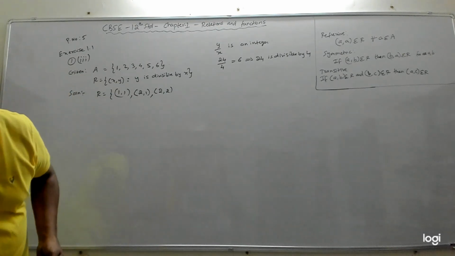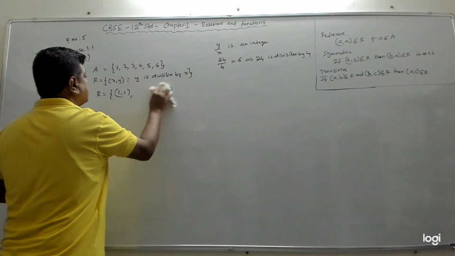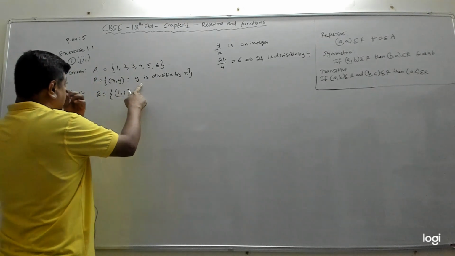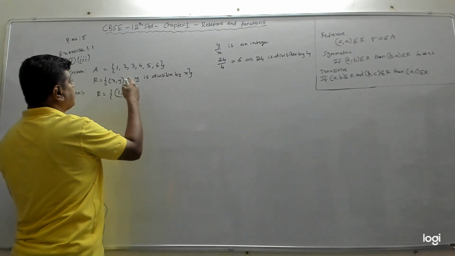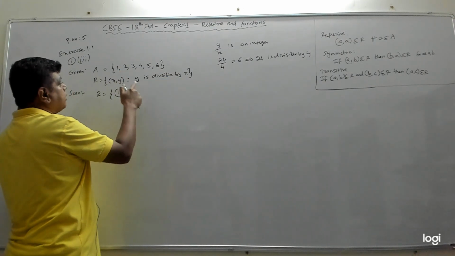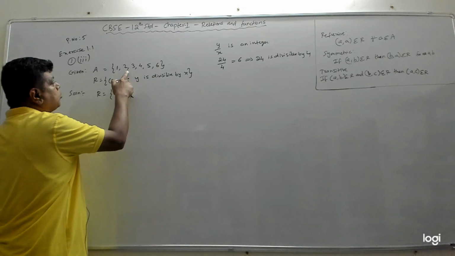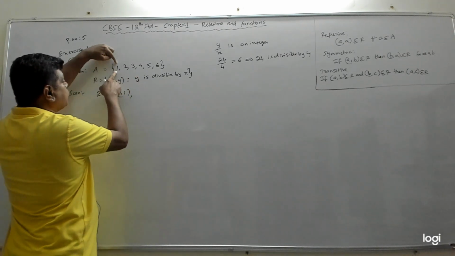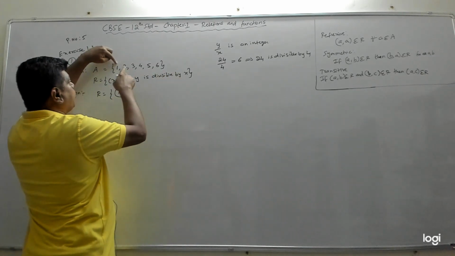No, one second. I think we have to write it the other way. Sorry. So 1 is divisible by 1. Now y is divisible by x, so we have to take (1, 1): 1 is divisible by 1. Next is (1, 2), which means x is 1, y is 2.